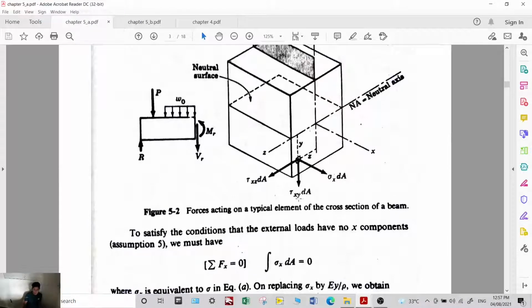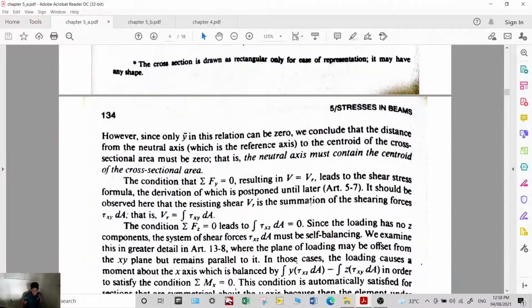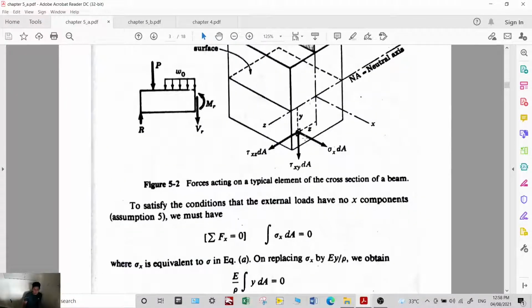You have the resisting shear equal to the integral of tau xy dA.